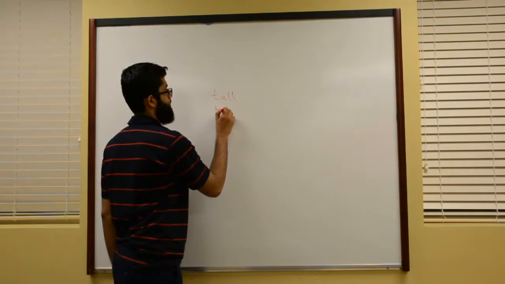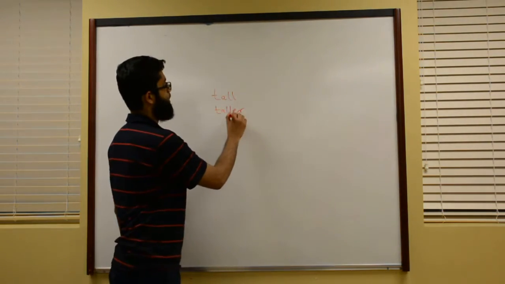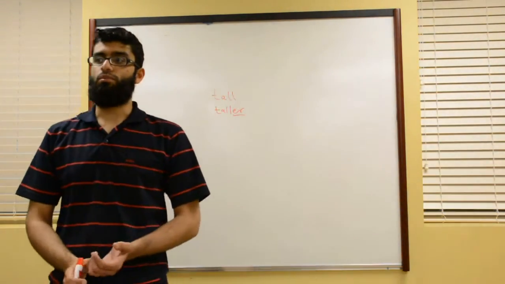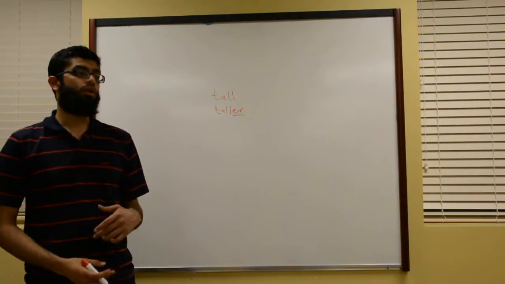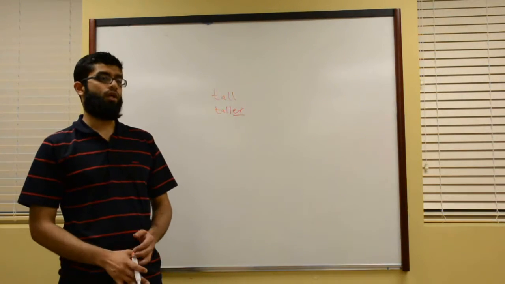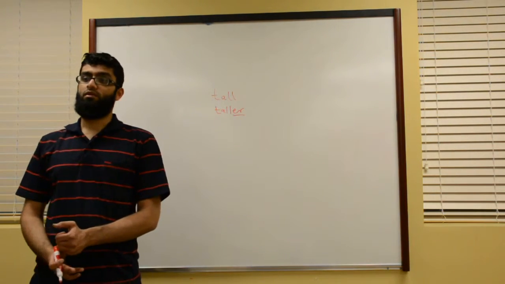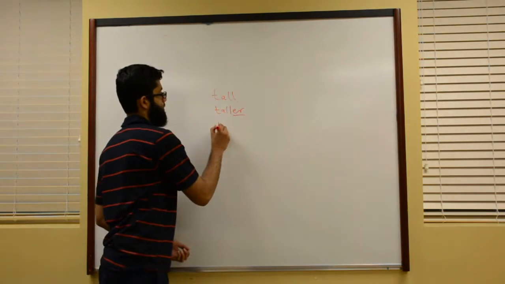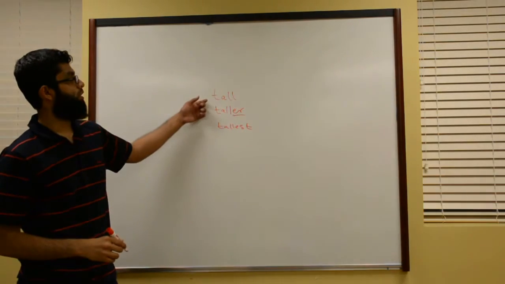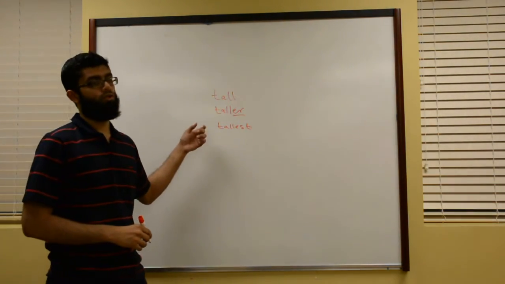Taller. So I add an ER to show that it's more tall than the thing I'm comparing it to. And if I want to say I've never seen anything more tall than that, what do I say? Tallest. So I have tall, taller, and tallest.